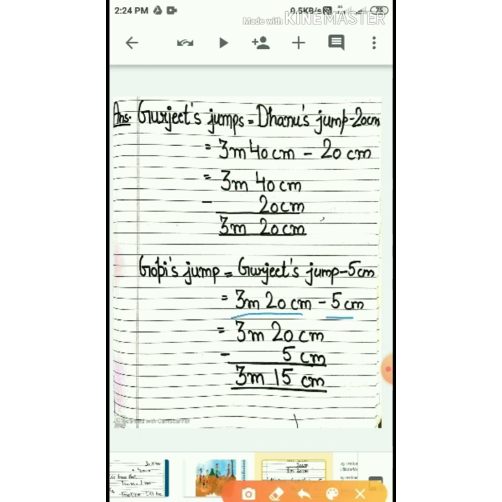Again we will subtract centimeter from centimeter. So 20 minus 5 will be 15 centimeter, and nothing is there in meter, so it will remain 3 meter as it is. So Gopi's jump is 3 meter 15 centimeter, and Gurjeet's jump is 3 meter 20 centimeter.